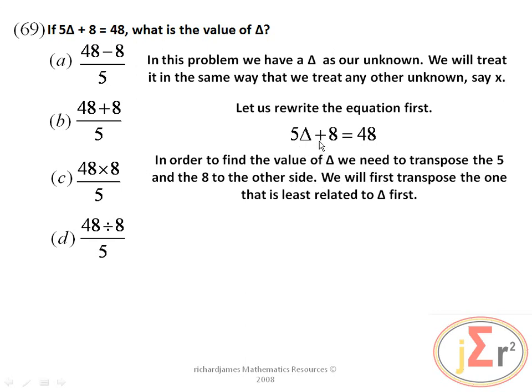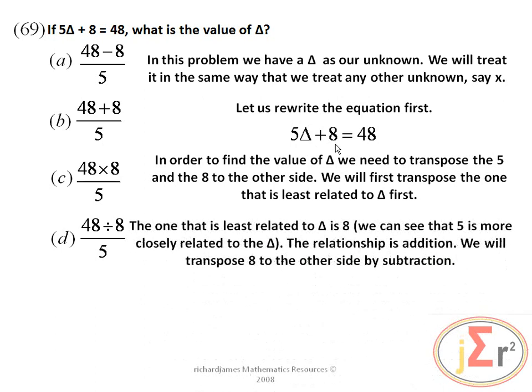We can see right here that 5 is closely related to the triangle and 8 is related to the triangle to a lesser extent. So the one that is least related to the triangle is 8.